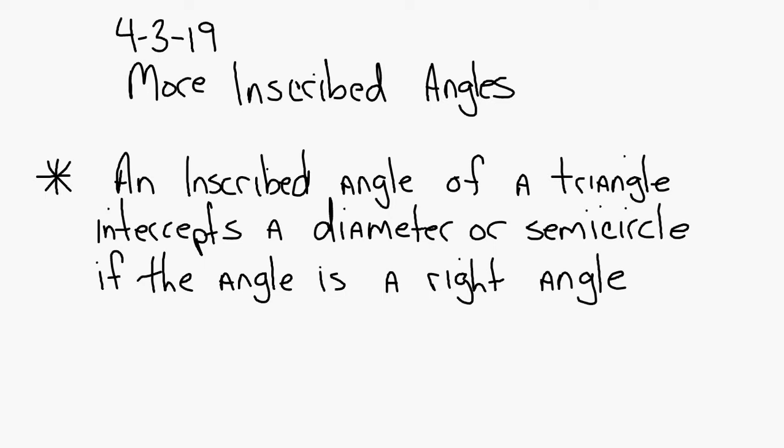An inscribed angle of a triangle intercepts a diameter or semicircle if the angle is a right angle.